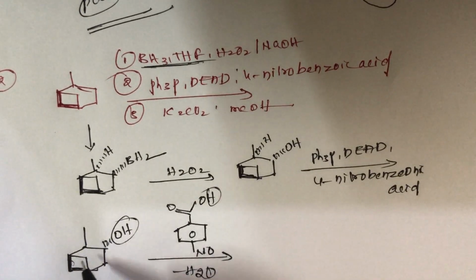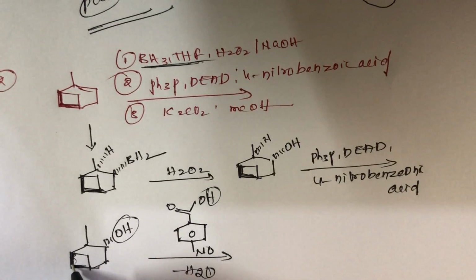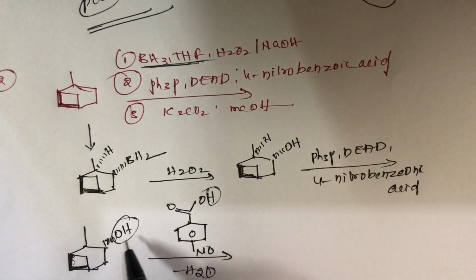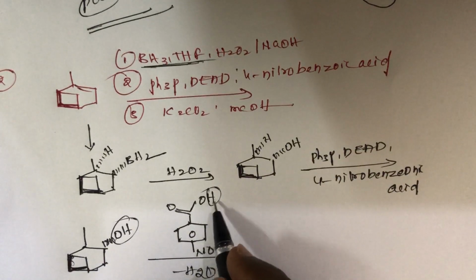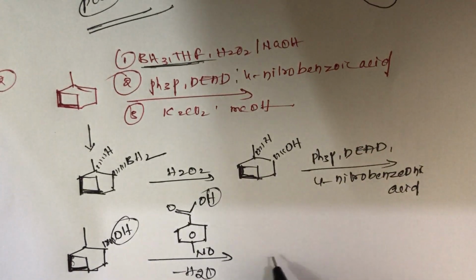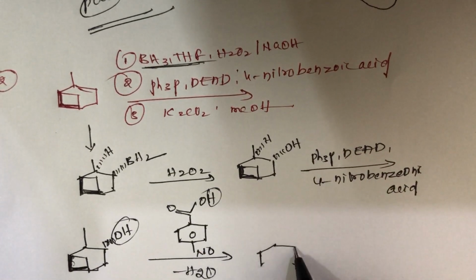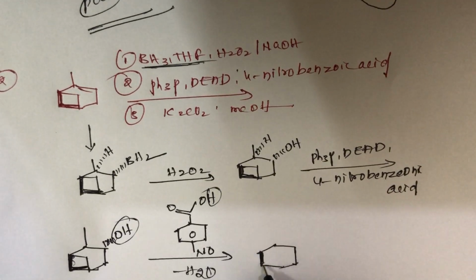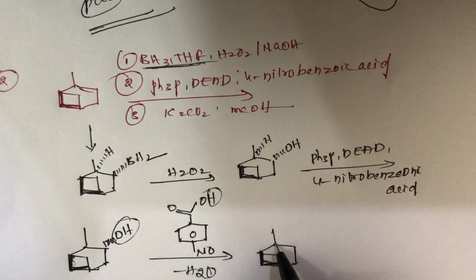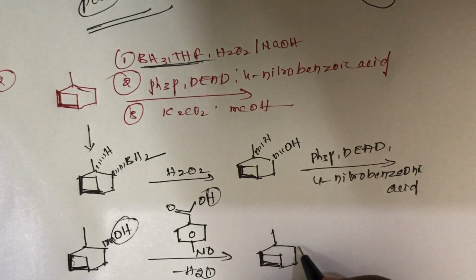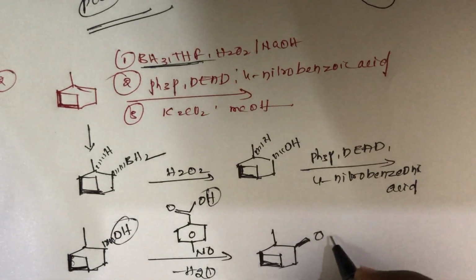So how is it going to add? It is above the plane, it is below the plane. So if it is below the plane, it will attack from above the plane. Right? So here we have above the plane.